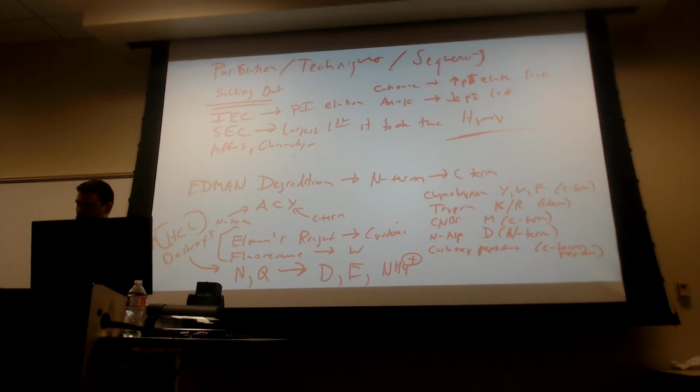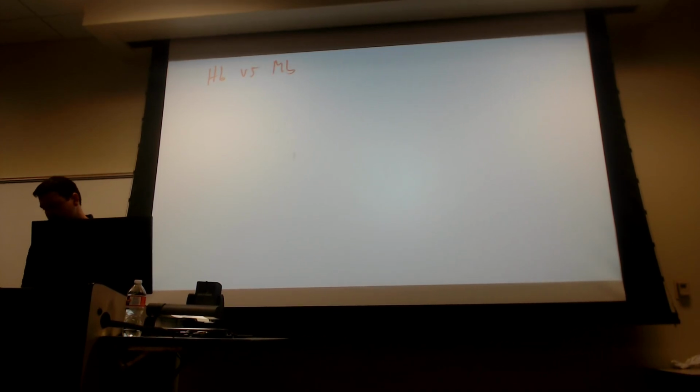Chapter 7. The other thing we did in chapter 7 was hemoglobin and myoglobin: cooperativity, tetramer, monomer. All these terms you didn't know before, hopefully they've sunk in.